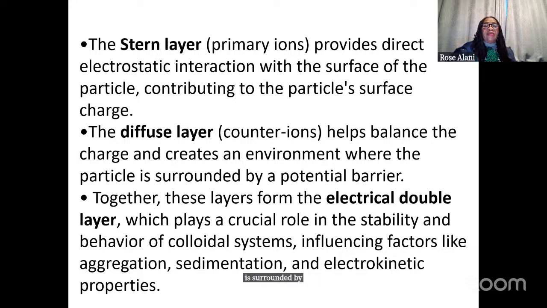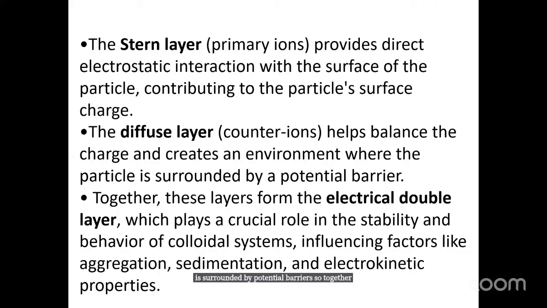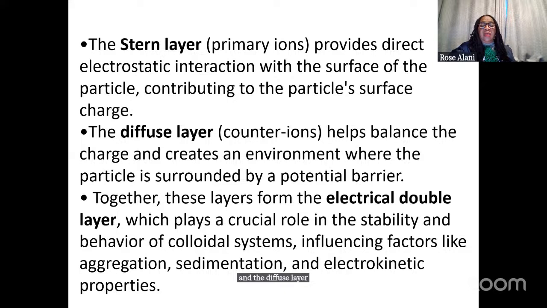So together, the Stern layer and the diffuse layer play a crucial role in stabilizing the colloidal system, and influencing the aggregation and sedimentation, and the coming together of the crystals to grow and form good precipitate.